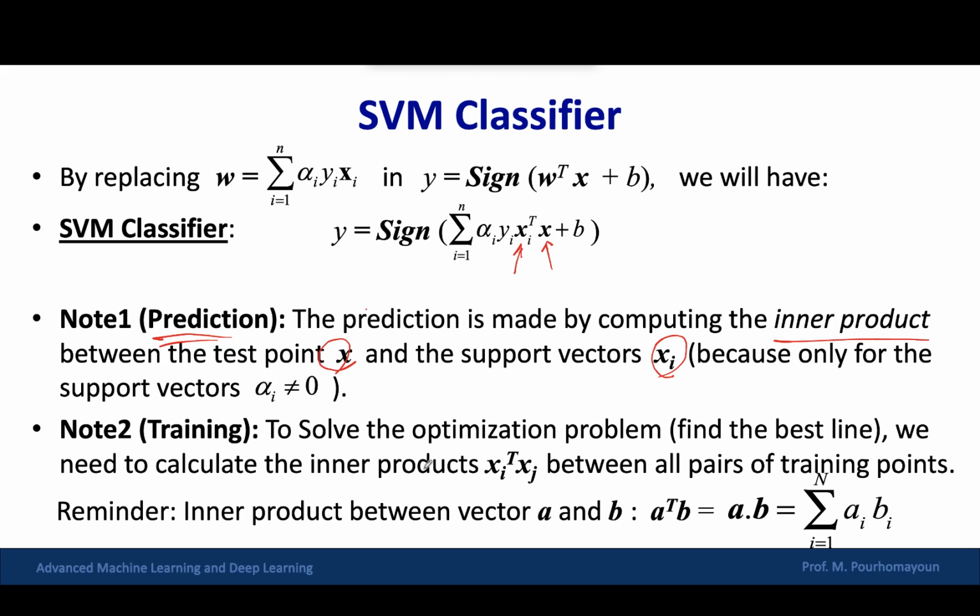And to solve the problem, to find the W, this is the prediction part. When you want to predict something, this is the inner product between new samples. But in finding the best line, I mean in the training stage, we calculate the inner product between all pairs of training samples to be able to find the support vectors.